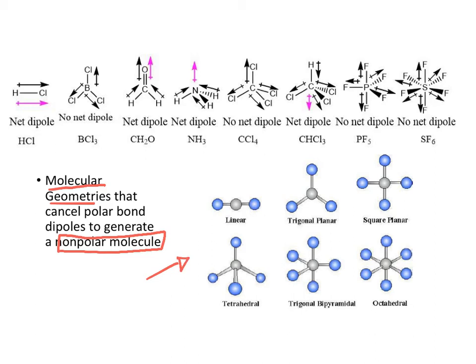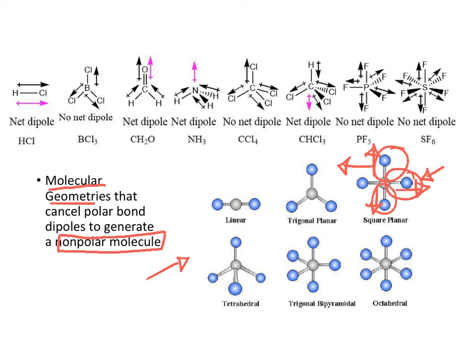They all have some sort of symmetry to them. So for example, square planar, it's one of our molecular geometries. It's a derivative of our octahedral electron geometry. And if you have this shape and you have the same exact types of bonds for all of them, you're going to end up having an overall nonpolar molecule because they're all pulling equally. So just imagine that they're all pulling, again, like a tug of war. They would all cancel each other out. And the same thing with everything else.